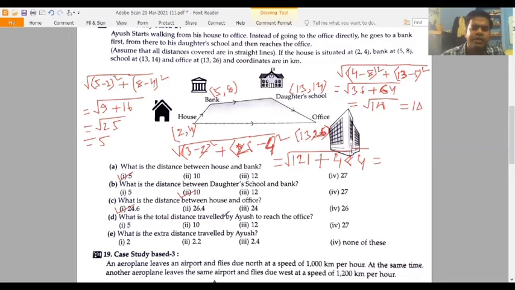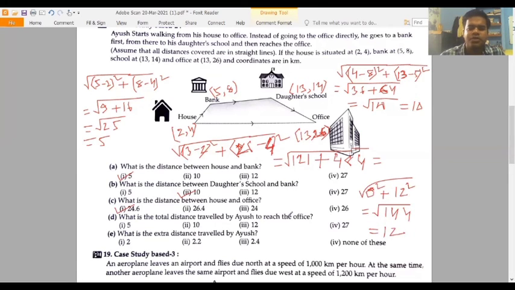What is the total distance traveled by Ayush to reach the office? You need the remaining distance, between the school and the office. Again the distance formula with 13,26 and 13,14. 13 minus 13 is 0, and 26 minus 14 is 12. 12 squared is 144, and the square root is 12.